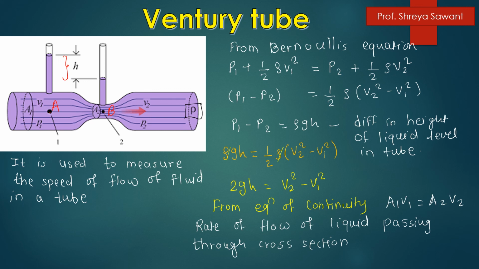If you know the areas A1 and A2, you can easily calculate the speed or rate of flow.